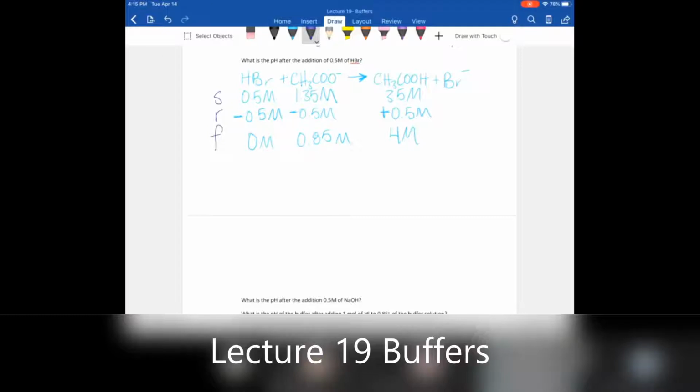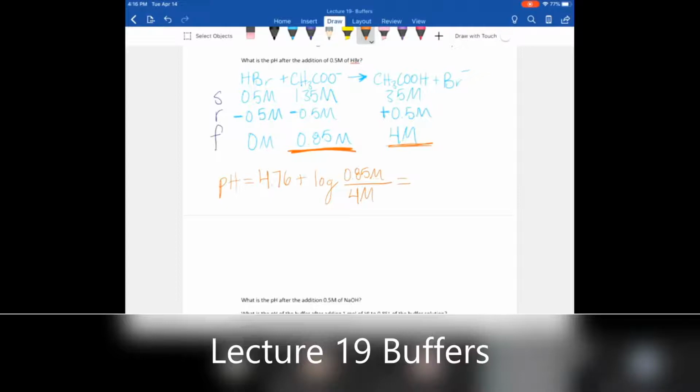So solving for pH equals 4.76 plus log of now your new concentration of base, so 0.85 molar over your new concentration of acid.